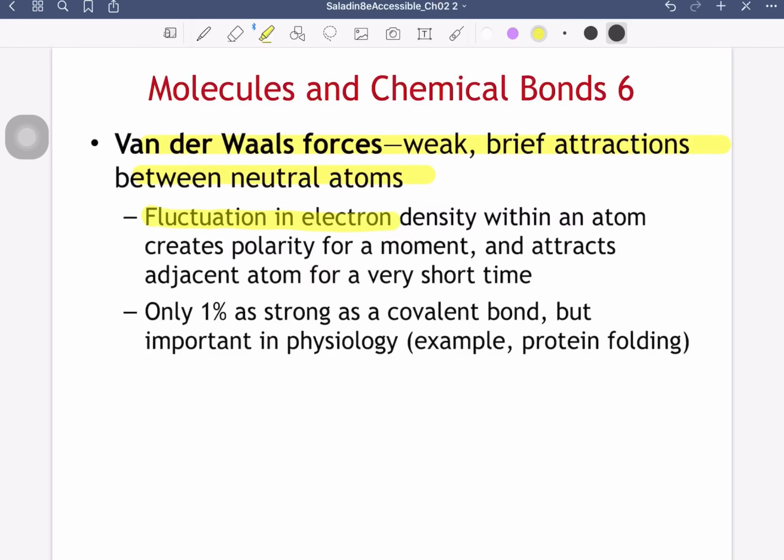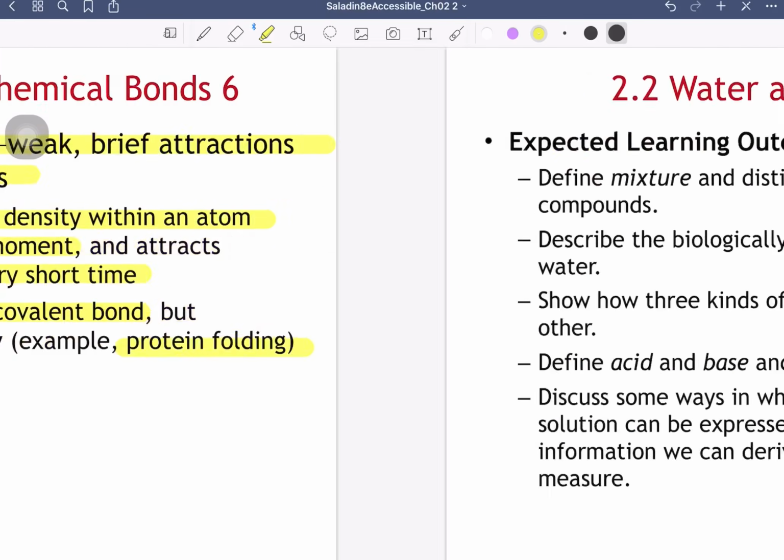So it's fluctuations in electron density, which creates very briefly a polarity for a moment, and that tends to attract the neighboring atoms for a short period of time. They're only about 1% as strong as covalent bonds, but they have some really important roles in things like protein folding. And in the future, we're going to see the shape of the protein is extremely important for its function.